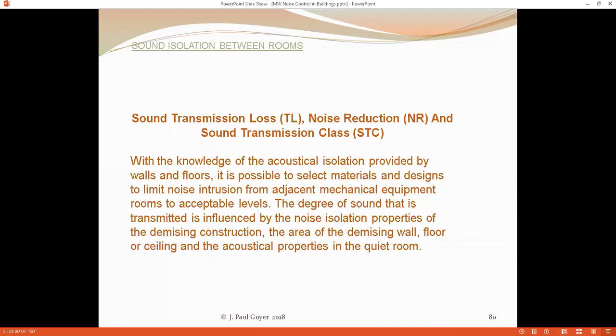Another improvement that is marketed and is quite effective is flexible metal or sometimes plastic channels that are attached to the studs in the wall, and then the gyp board is attached to these flexible channels, not attached directly to the studs.